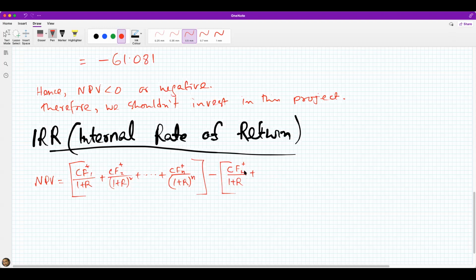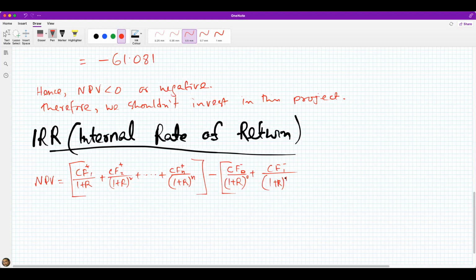Actually, it should start with year 0, because it is very common that there will be a negative cash flow in year 0. Normally we don't have any positive cash flow then, because just at the time of investment you do not get the return. The return comes after 1 year or after several years. So CF0 is to the power 0, that means 1, then CF1 over 1 plus R, plus CF2 negative cash flow over 1 plus R squared, plus all the negative ones.